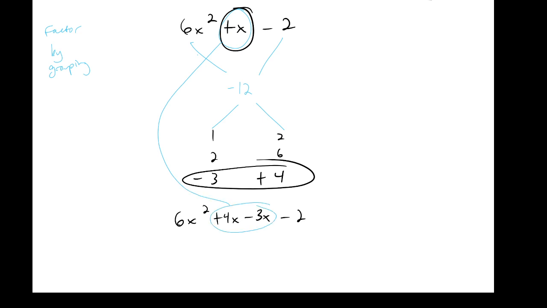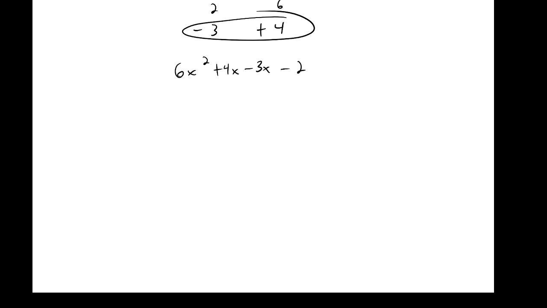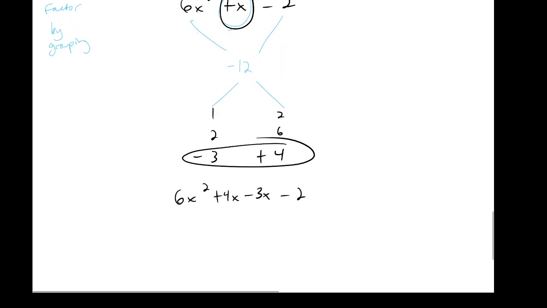Now I'm going to factor by grouping. So I'm going to have 6x squared plus 4x minus 3x minus 2.